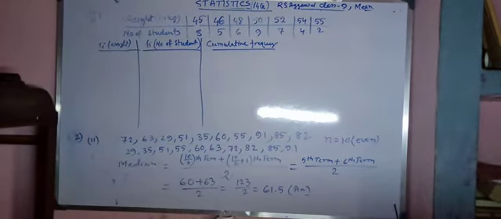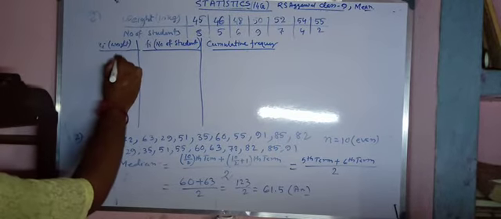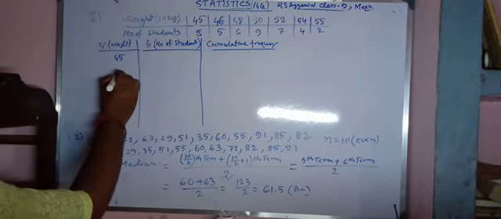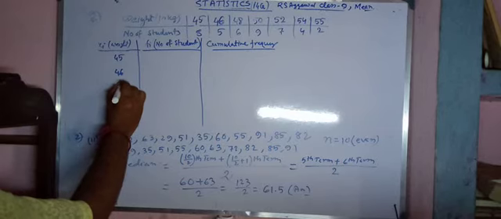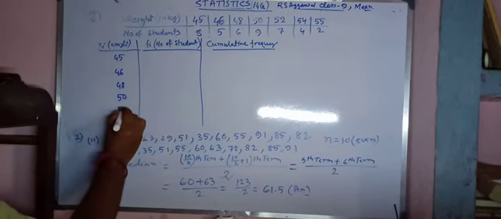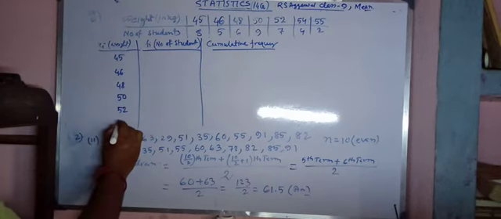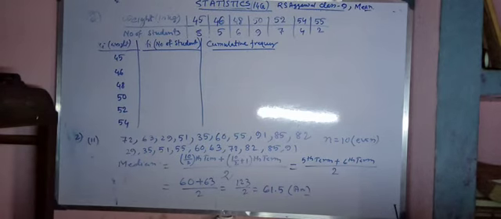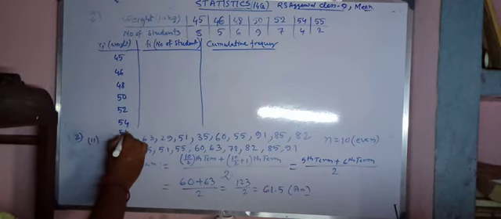Understood that? So weight is equal to 45, 46, 48, 50, 52, 54, last is 55.